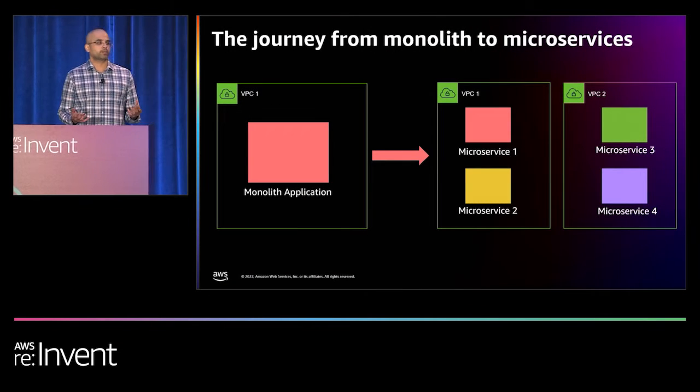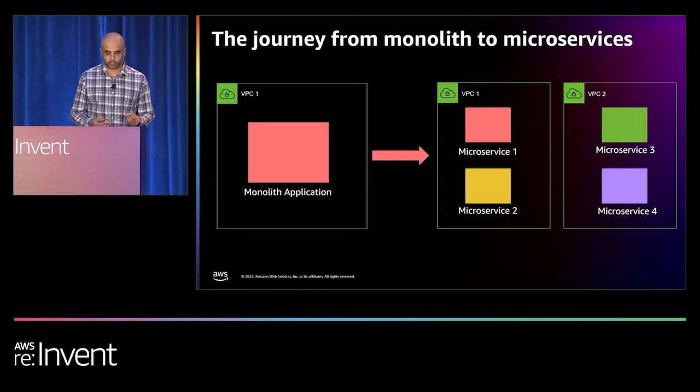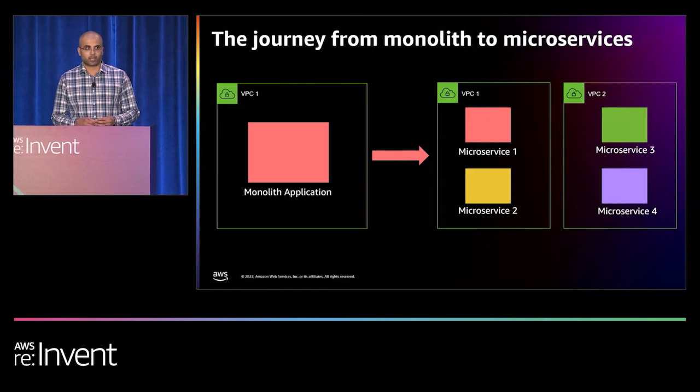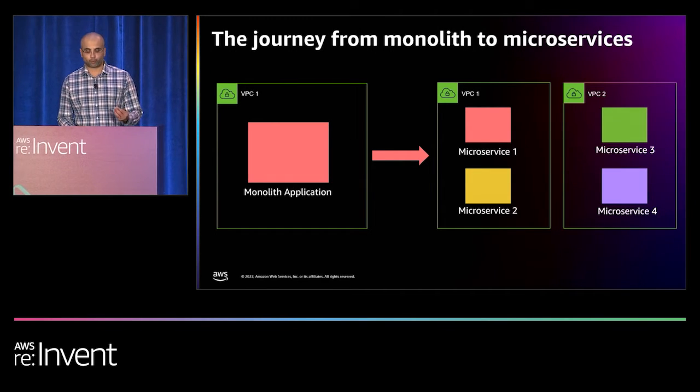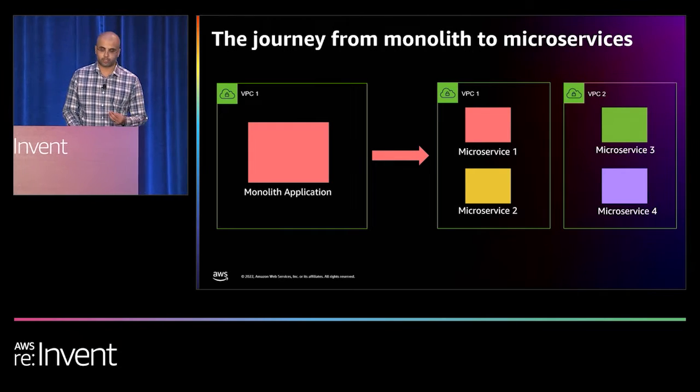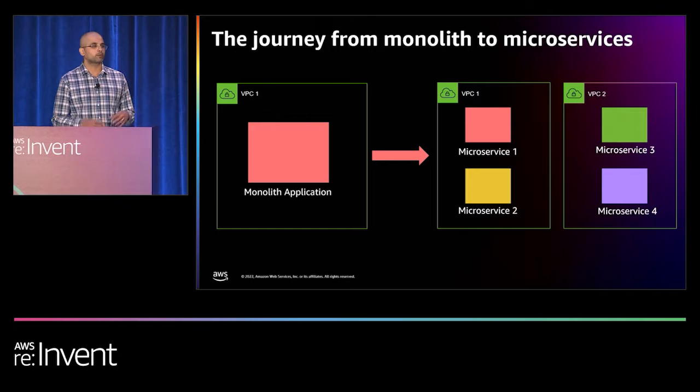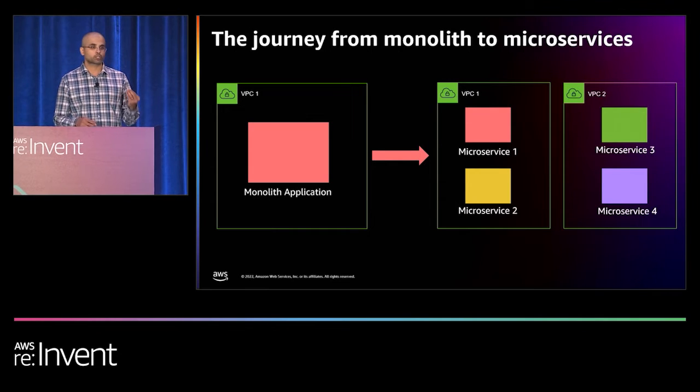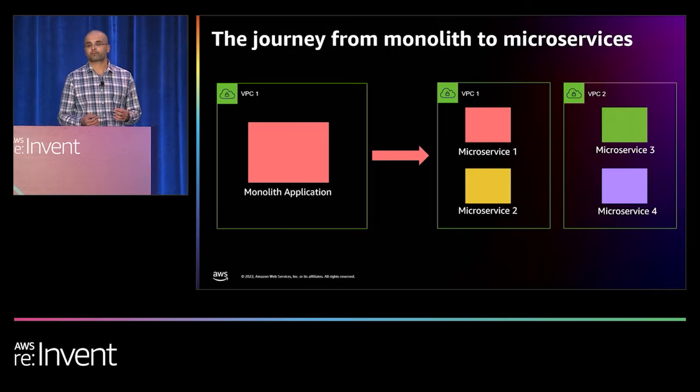Over the last few years, a major trend that we've observed is interest among our customers to modernize their application, which is to transform your application from being this one big monolith to applications being composed of tens of hundreds of thousands of smaller and decoupled services, popularly known as microservices.